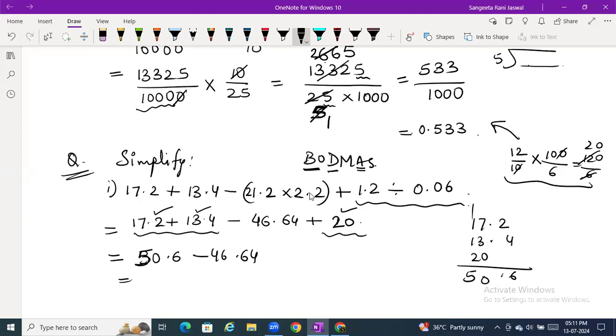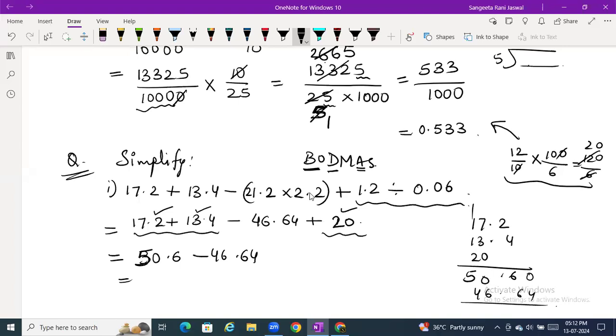Okay, children? So when you subtract 50.6 minus 46.64, right? So what do you get? What do you get the answer? Ma'am, 46.08 I got, ma'am. How will you get 46.08?